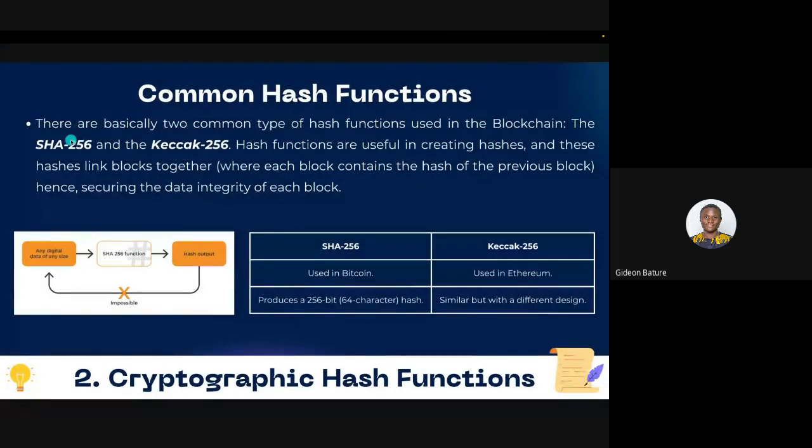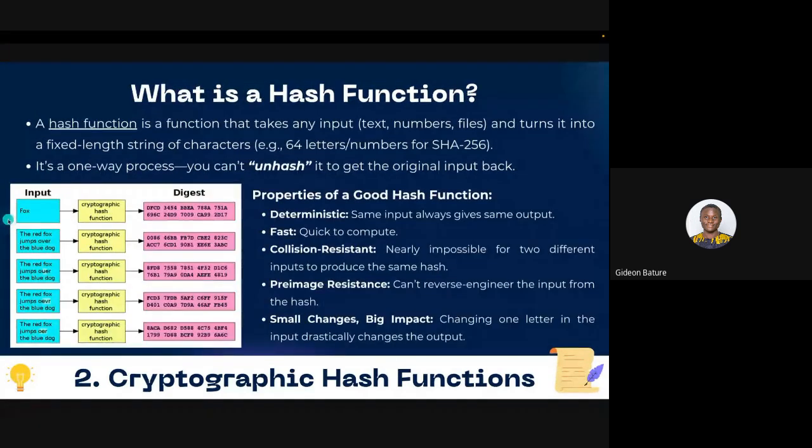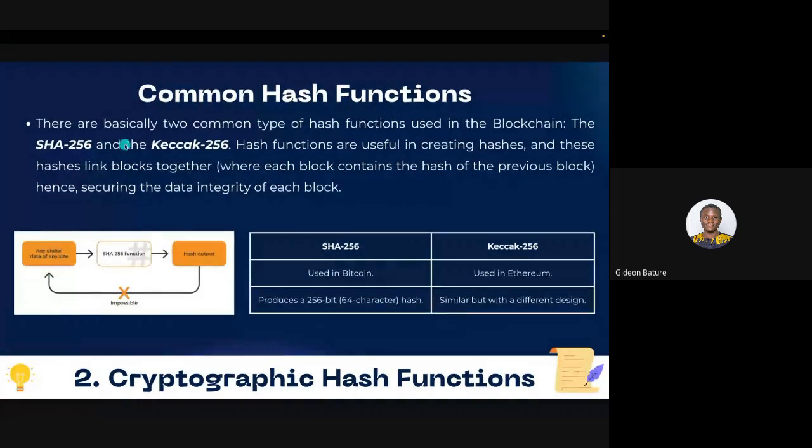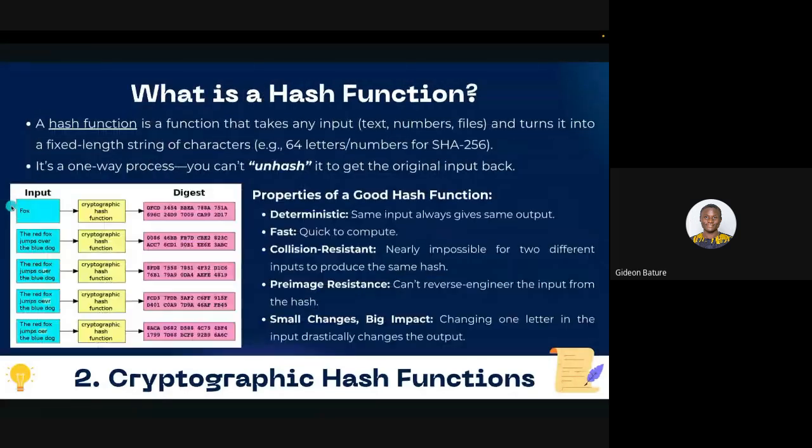All right. Now, both of them are similar in terms of operation. In what sense? Both might be using two different algorithms, but both meet all these properties, all these conditions. Both are deterministic, both are fast, both are collision resistant, both are pre-image resistant, and for any small change, it will give a very big impact.